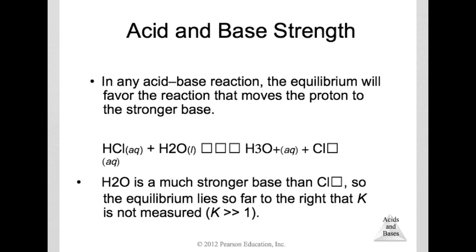We were setting up the equilibrium for HCl in water. We've got HCl as the aqueous HCl. The water rips it apart into the hydrogen ion and the chloride ion.